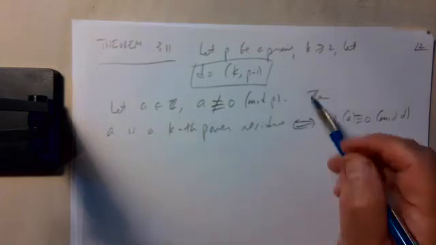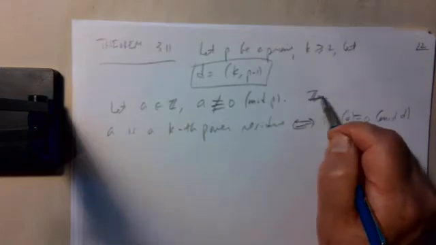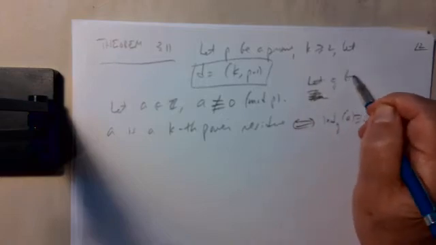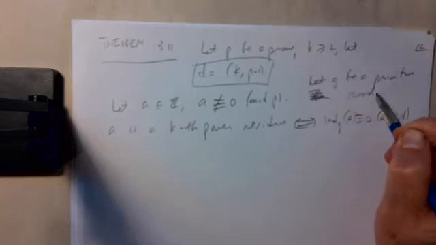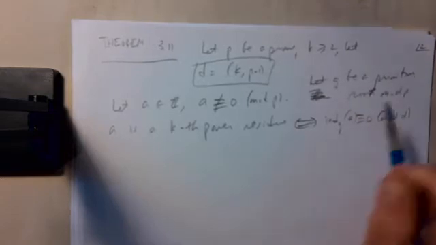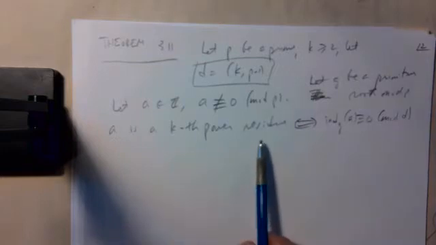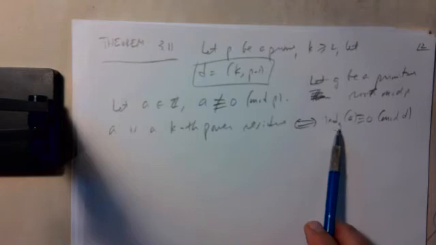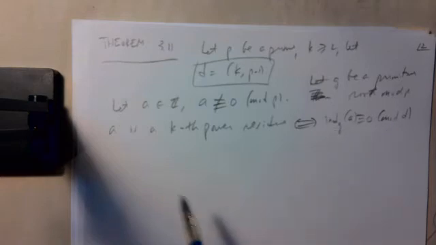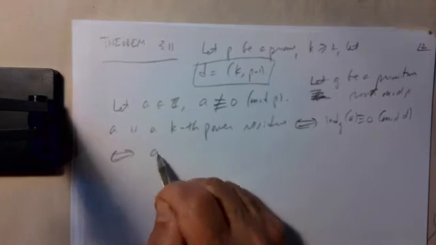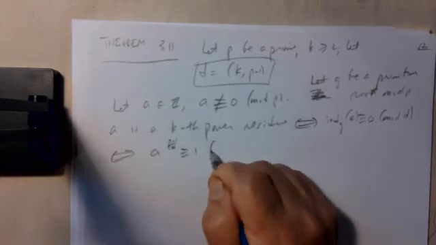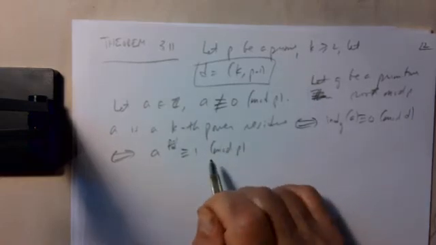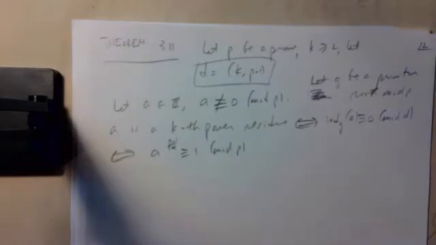So I should say that A is not congruent to 0 mod P. Let G be a primitive root mod P. Then A is a kth power residue if and only if the index of A with respect to G is divisible by D, which is the same as saying, this is all part of the theorem, A to the power P minus 1 over D is 1 mod P. And so this is the first part of the statement of the theorem.